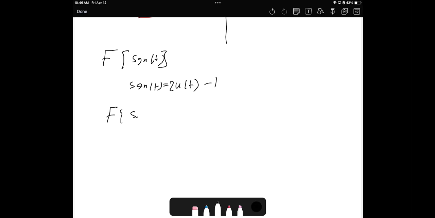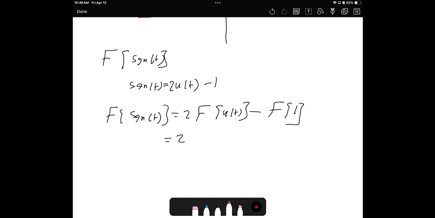The Fourier transform of the sign function will be 2 times the Fourier transform of u of t minus the Fourier transform of 1. So the Fourier transform of u of t, we can just calculate it as 1 over j omega plus pi delta omega, then minus the Fourier transform of 1, which is 2 pi delta omega.